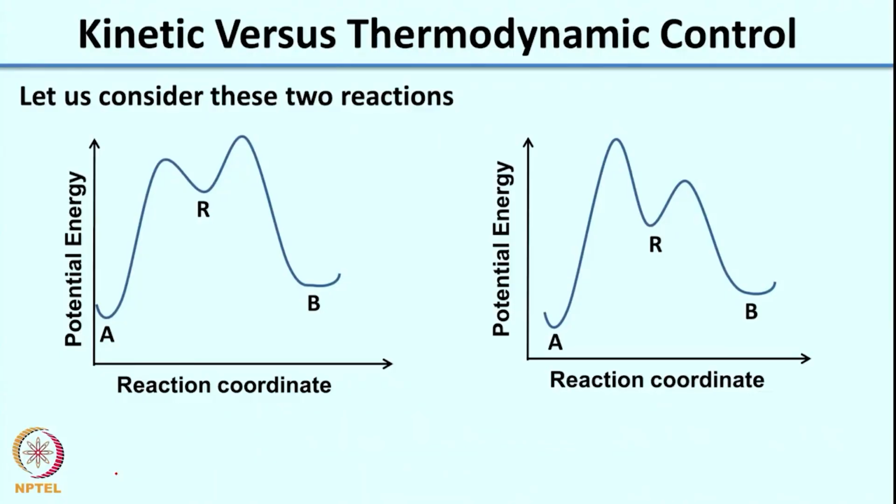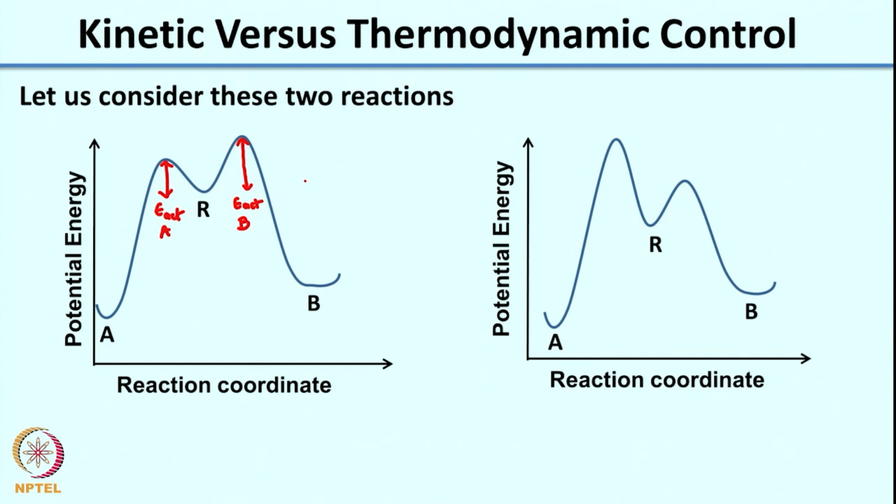Now let us consider the first reaction coordinate diagram. To figure out kinetic control, what you need to see is activation energies. If I compare the activation energies, this is the E activation for A and this is the E activation for B. Just looking at this, which is higher?